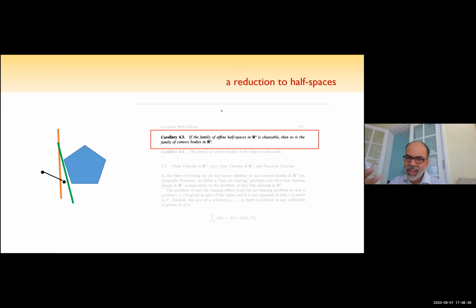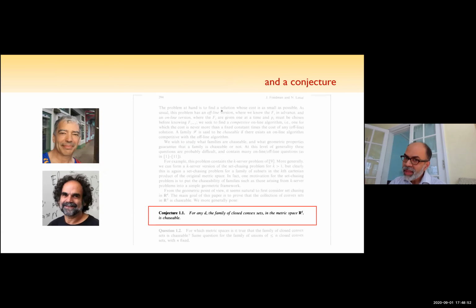So using the Hahn-Banach theorem, or whatever, the separating hyperplane theorem, the 2 problems are equivalent to each other. Good. And then they made this conjecture that for any d, the set of closed convex sets in metric space R^d is chaseable, as in there is some finite comparative ratio which is just a function of d.